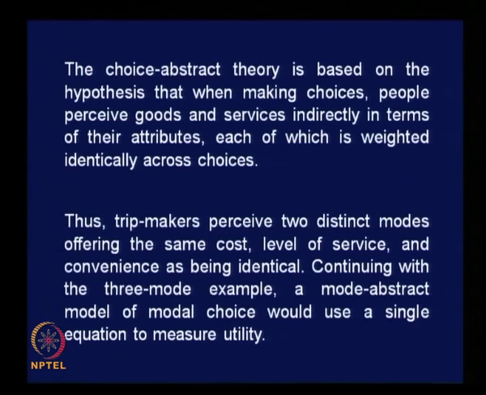Continuing with the 3 mode example that we have seen earlier, a mode abstract model of modal choice would be a just single equation to measure utility, is not it. When we just consider only the attributes, there is no need to have specific equations for each of the alternatives, we can have single equation.